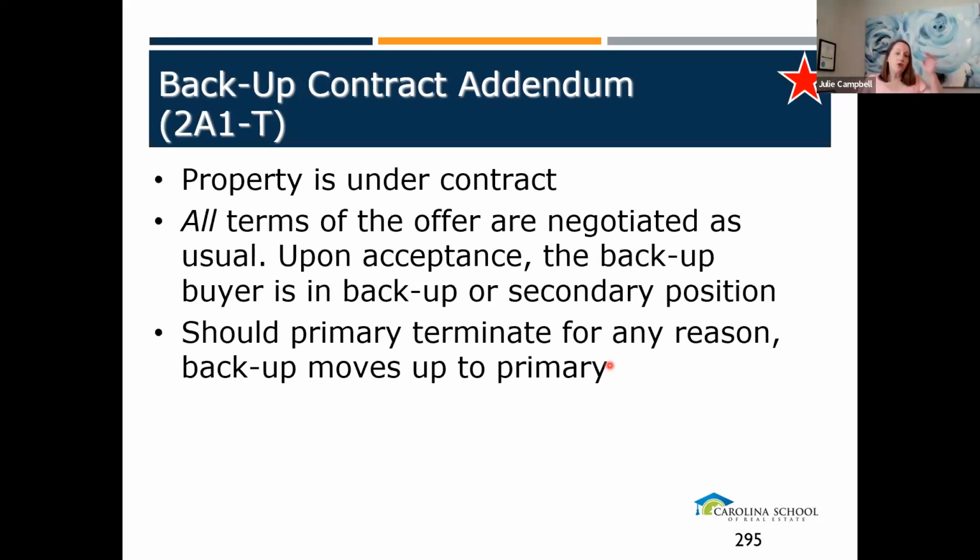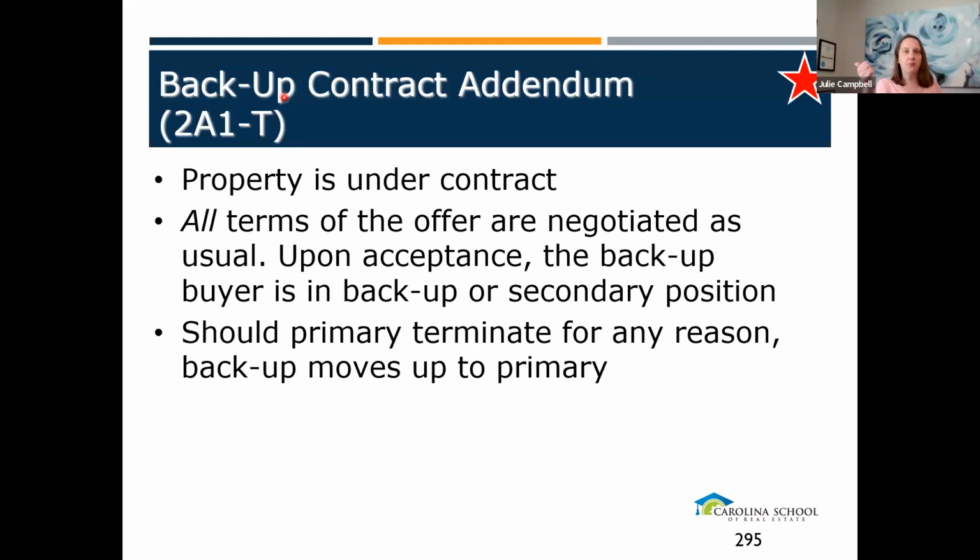So the property's under contract. The buyer that is under contract is referred to as the primary buyer. The other buyers are hoping to come in as a backup buyer. So this offer is presented with a backup contract addendum added to it. The buyer and the backup buyer and the seller negotiate the terms like they always would.